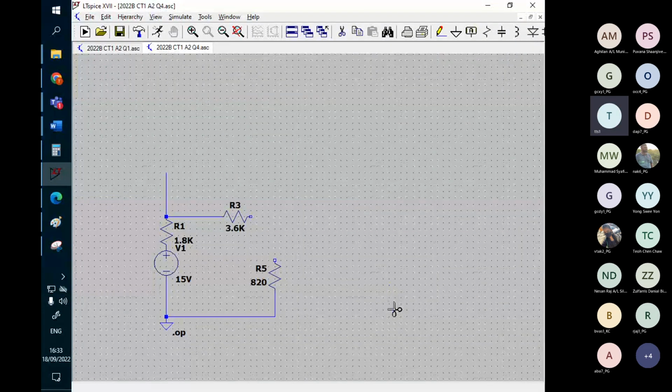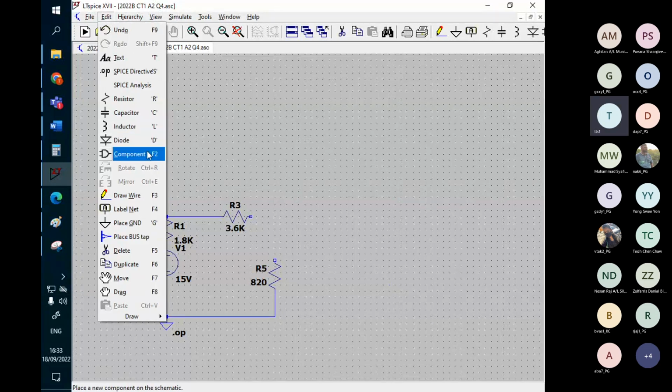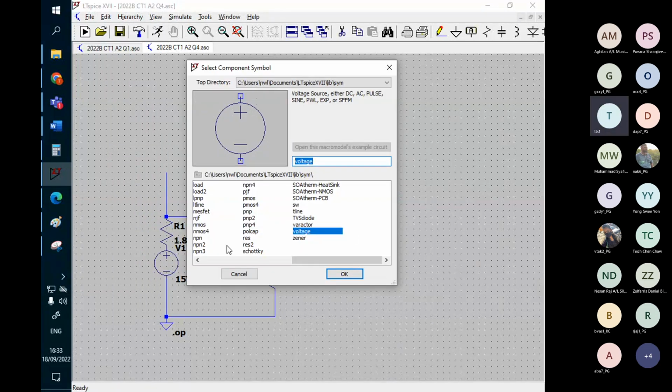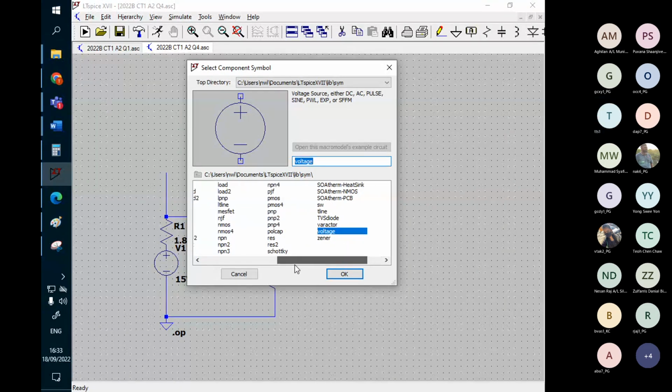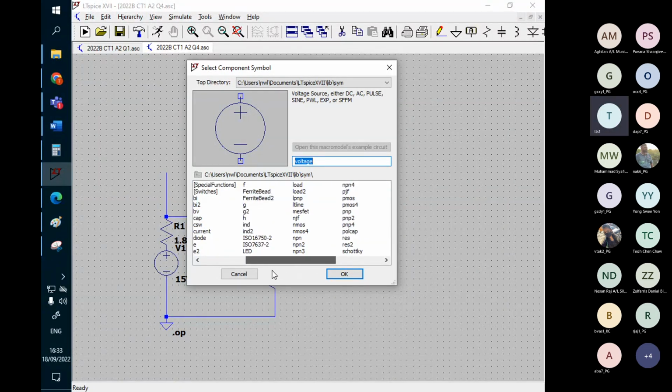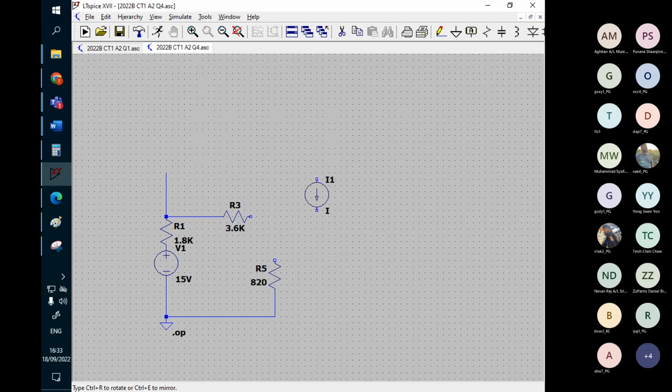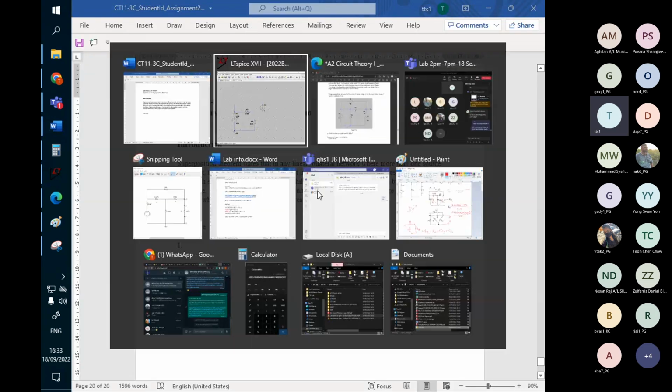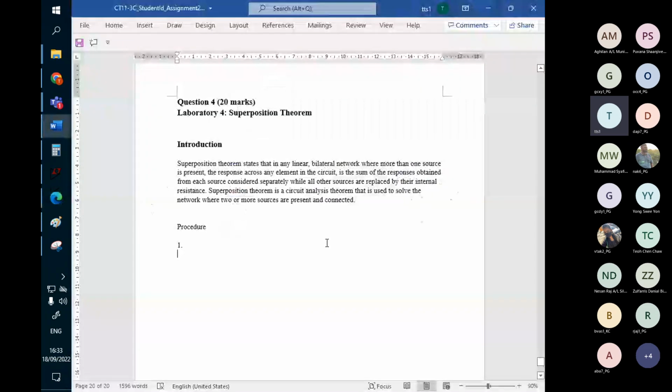Okay, let's find the current source. Edit component. Let's find the current, start with C. Okay, so this is the current source. What we need is a DC current source. I think the default one should be DC. So we're going to rotate this one, make sure it's pointing upwards.